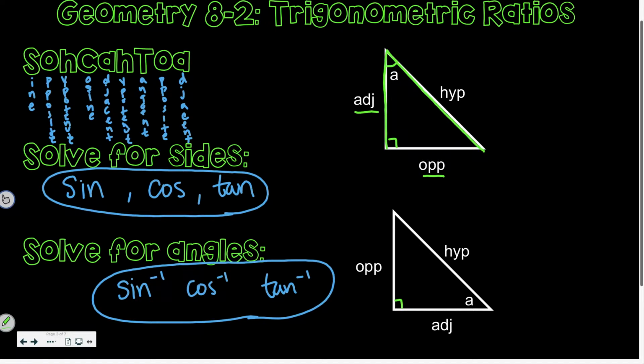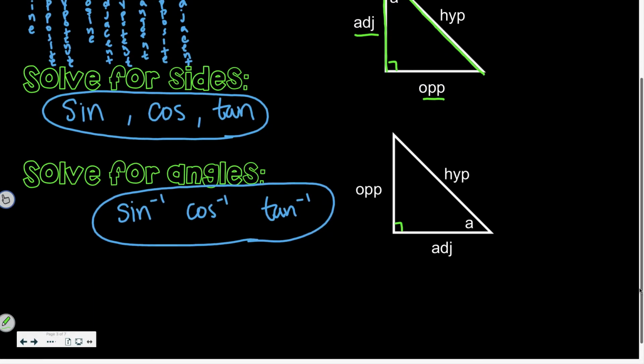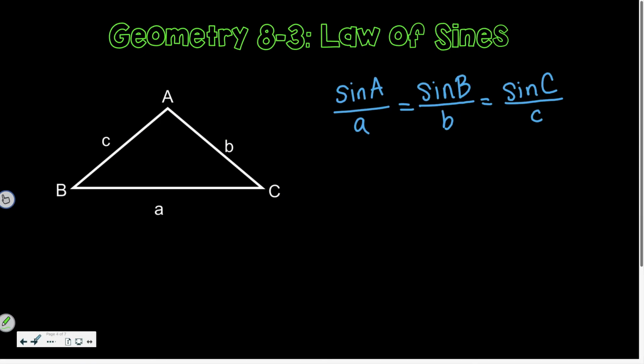The hypotenuse always stays the same. It's the side opposite of the right angle. If we're looking at this angle instead, this one would become my adjacent because it helps form the angle, and opposite is the other side. Make sure you're paying attention to what sides you're using.